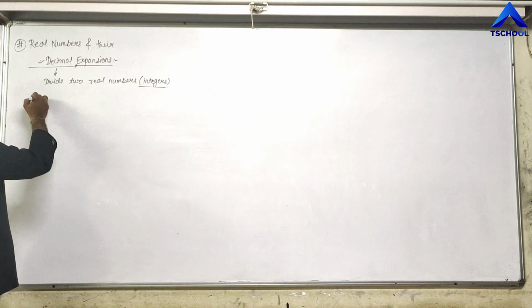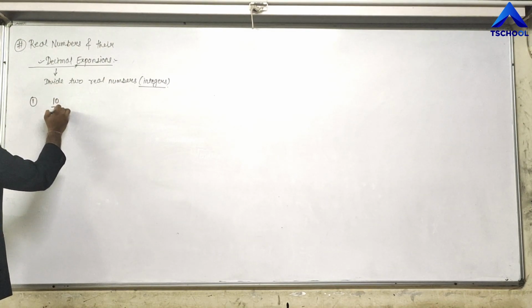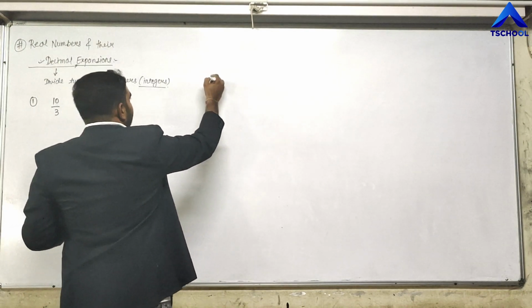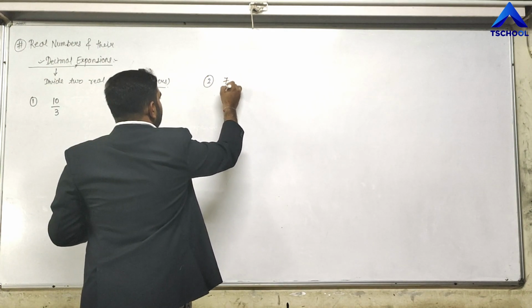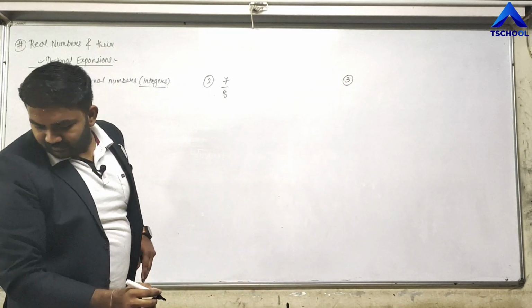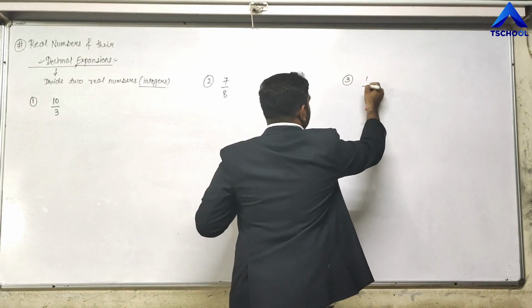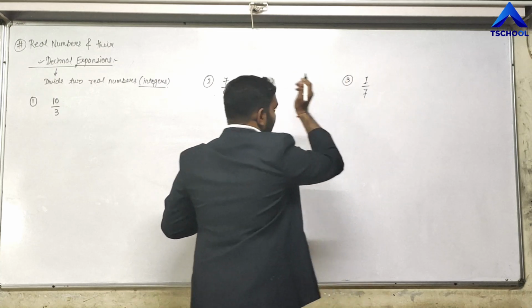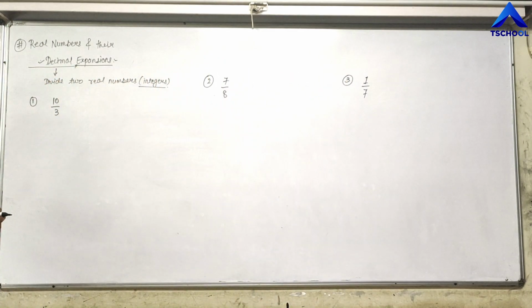I am having three examples here. The first one is 10 by 3, the second one is 7 by 8, and the third one is 1 upon 7, right? These three examples will give me three different solutions.